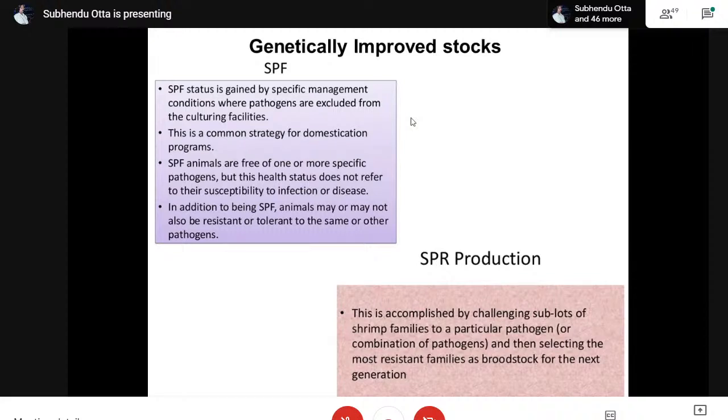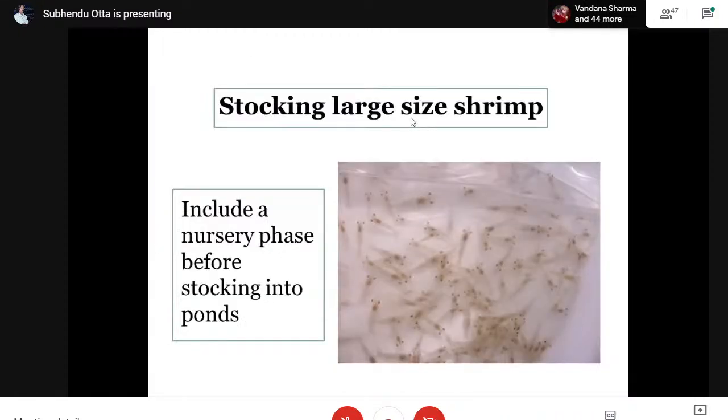But if you consider SPR, resistance against a particular pathogen, say white spot syndrome virus, there the genetic selection means you have to compromise, generally with the growth. So this is generally not a preferred method, and it is best to avoid the disease conditions. Anyway, from these stocks you should be able to get the larvae.